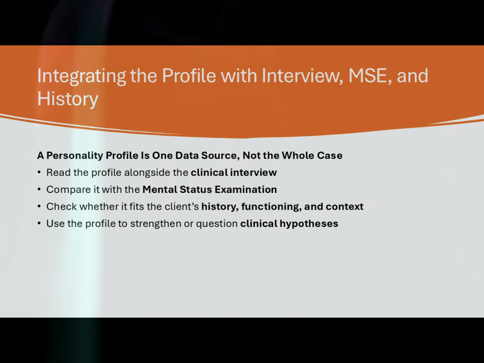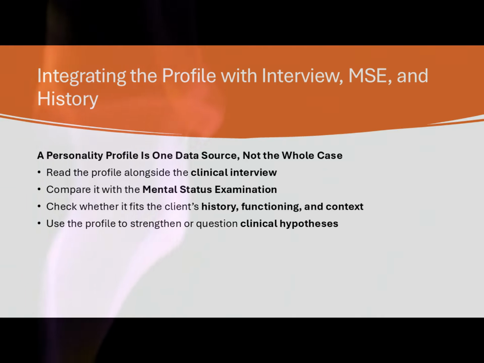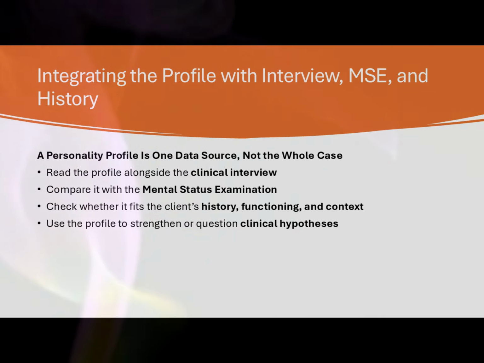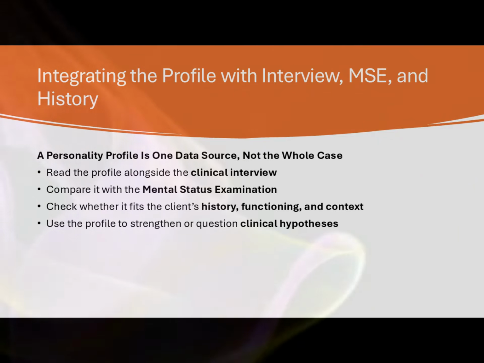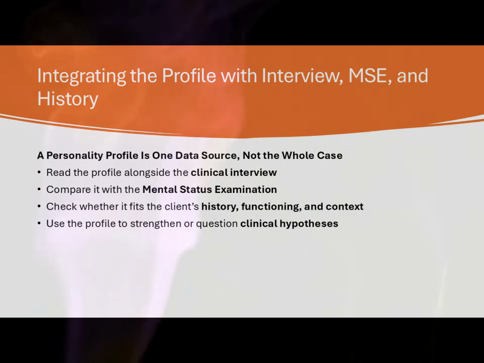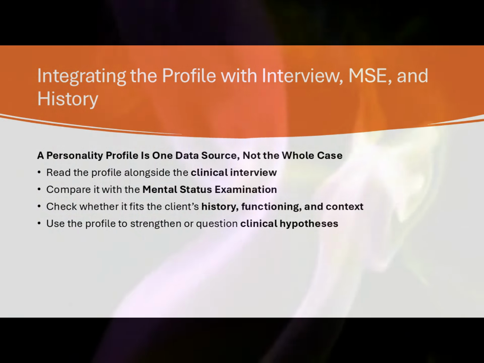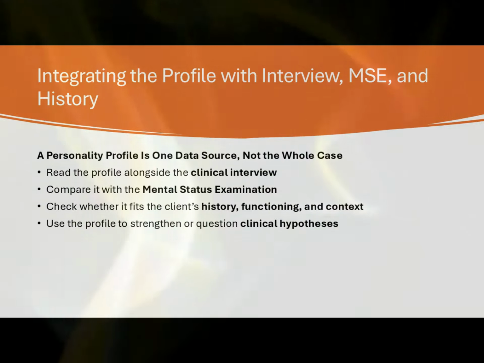But it can strengthen concern when the profile, the interview, the mental status exam, and the client's history all point in the same direction. And so it strengthens your consideration of referral along these lines. One major referral signal is a pattern suggesting thought disturbance.